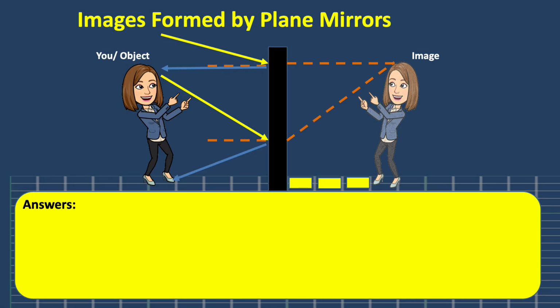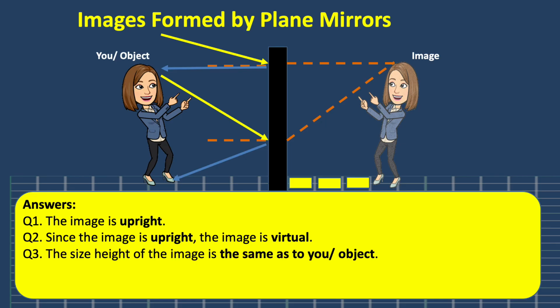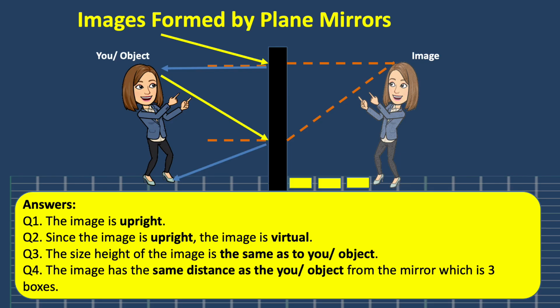Again, in the previous activity, the image formed by the plane mirror is upright, therefore it is virtual. The size, or height, of the image is the same as the object, and the image has the same distance from the mirror as the object, which is also 3 boxes.